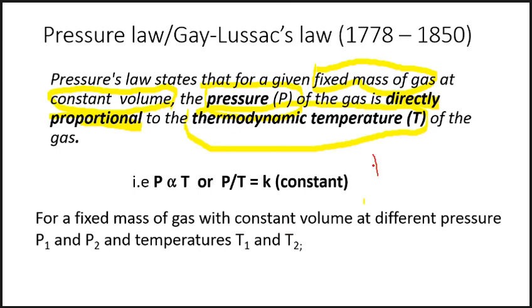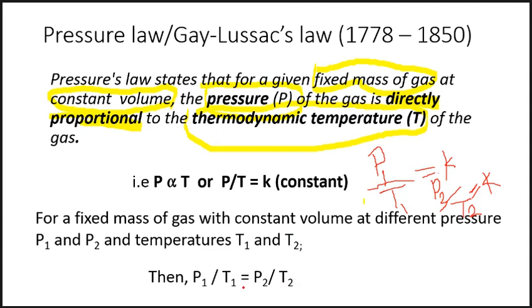So I will have P1 over T1 equals K, as well as P2 over T2 equals K. So if I substitute for the constant K, then I will have P1 over T1 equals P2 over T2, which is what I have right here.